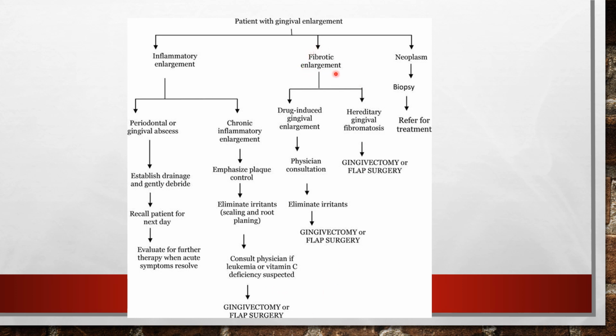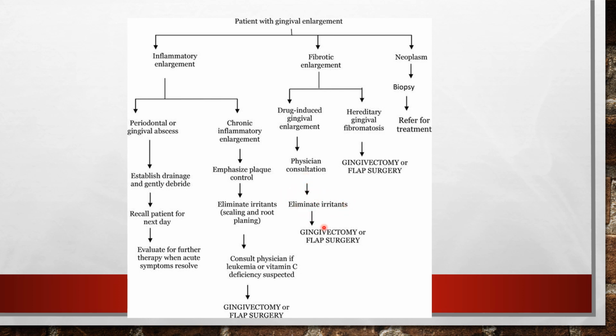Next comes the fibrotic gingival enlargement. You can see it mostly in drug-induced gingival enlargement and hereditary gingival fibromatosis or idiopathic gingival enlargement. For the drug-induced type, the causative factor is the drug being used. So you can go for physician consultation, and the local irritants should be removed by scaling and root planing.